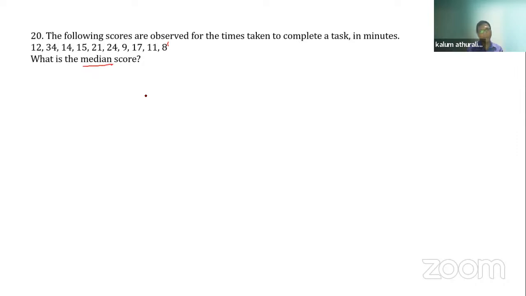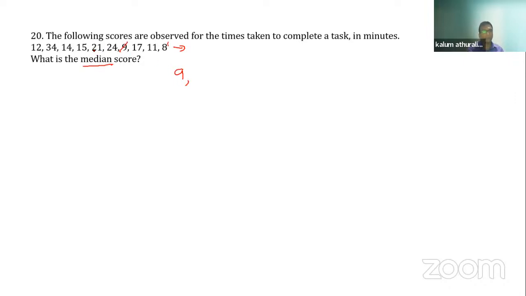Median means middle value. If you want to get the median, first you rearrange this data set in ascending or descending order. Normally we take ascending order, smallest to biggest.